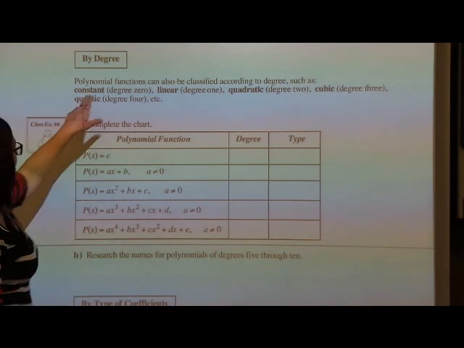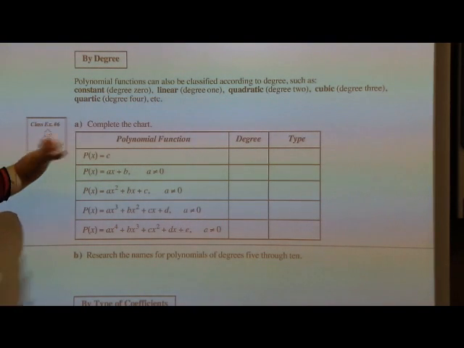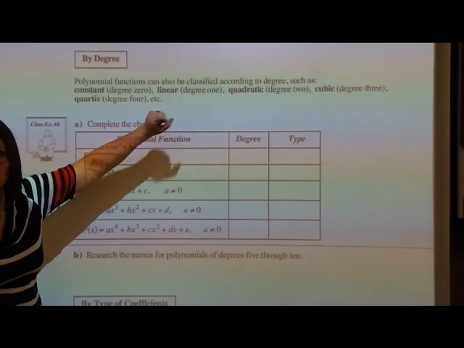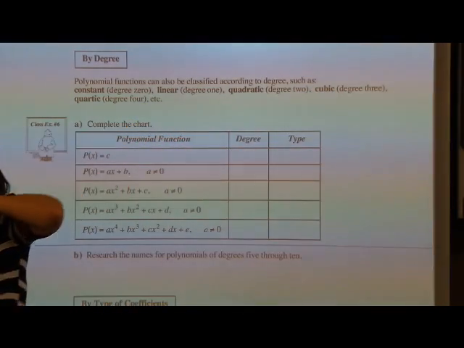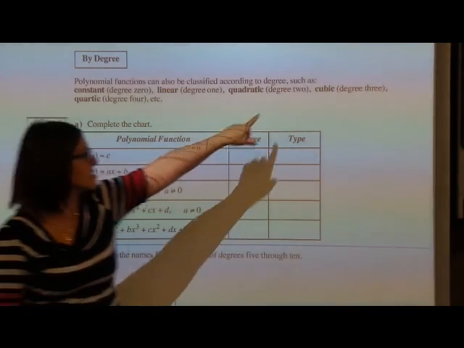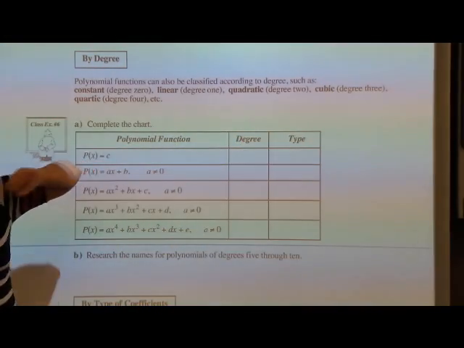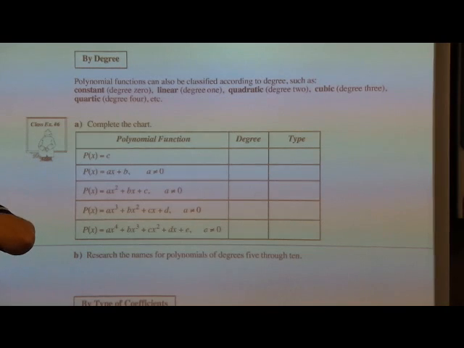By degree, we've already just talked about the constant. We talked about linear functions in grade 10. They have a degree of 1. Quadratics were the ones we did last year with a degree of 2. If it has a degree of 3, we call it a cubic. And a degree of 4, we call a quartic. And that's really what we stop at. We don't classify anything higher than a degree of 4.